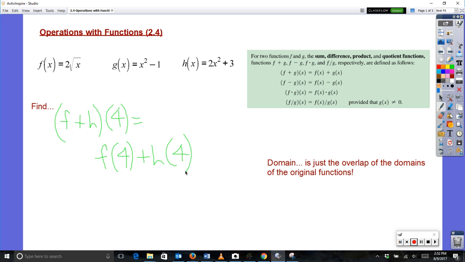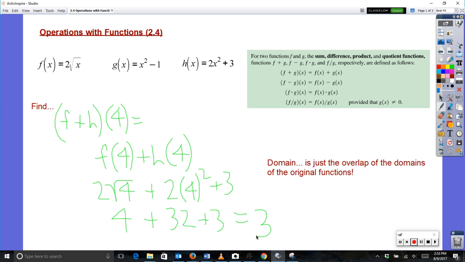And so I'm going to plug 4 into the f function, that's 2 root 4, plus, and then I'm going to plug 4 into the h function, that's 2 times 4 squared plus 3. The square root of 4 is 2, 2 times 2 is 4, so this is 4. 4 squared is 16 times 2 is 32, plus 3, and that is 39. So f plus h of 4 is 39.